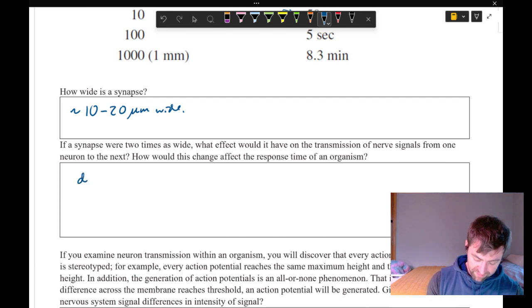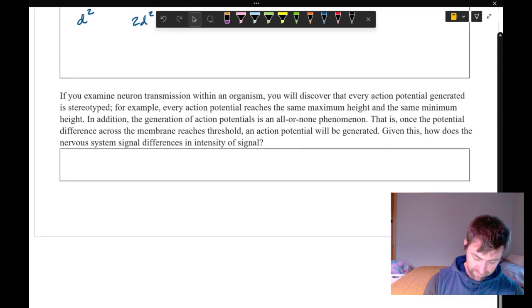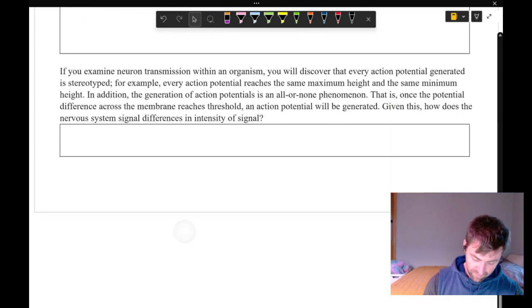So I guess it's diameter squared. So if you have 2d squared, that's 4 times. Okay.